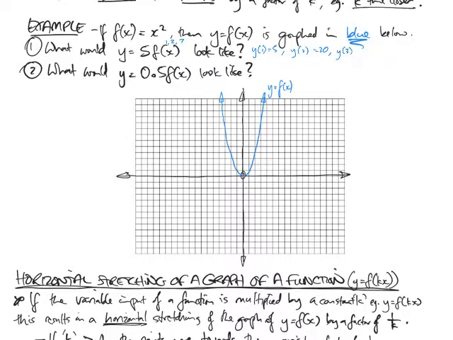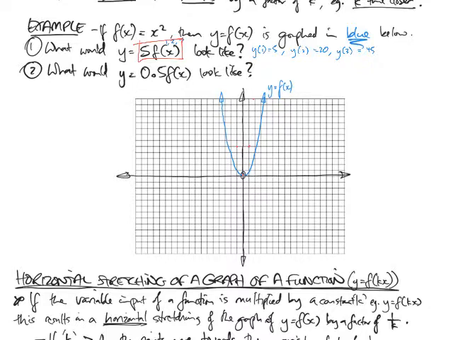Y when x is 3 is going to be 5 times whatever 3 squared is, which is 9. 9 times 5, 45. So, actually I'm going to draw that in red. You'll see that this graph is stretched upwards. It's still going to start at 0, but when x is 1, it's actually going to be at 5. When x is 2, it's going to be at 20. 5, 10, it's not even on this grid, but it'll be somewhere up there.